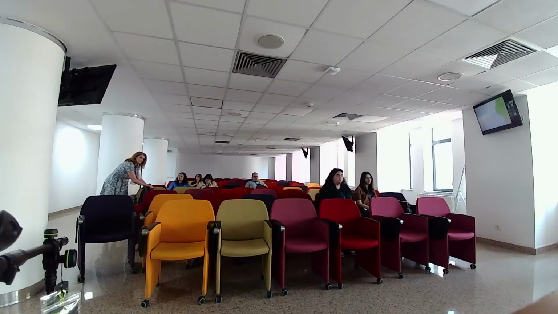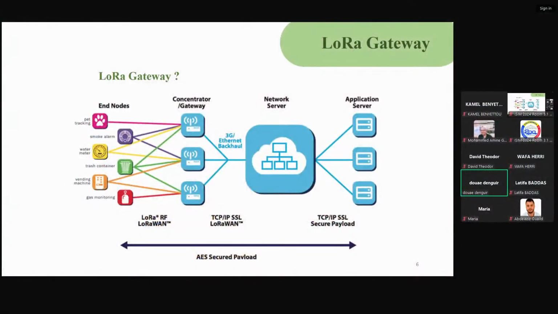Now, a short presentation of the LoRa gateway. There are many components. The main component is the end nodes. When we talk about the end nodes, we talk about the sensors in the farms.